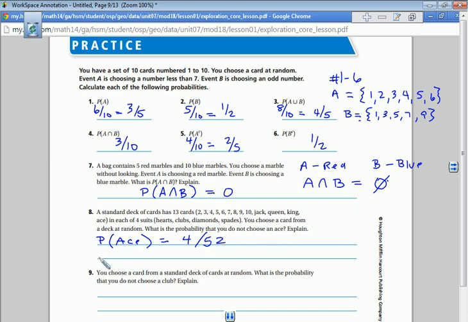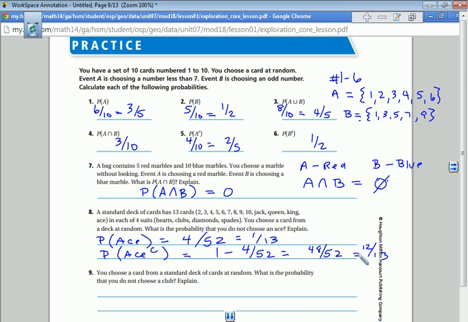So the probability that we do not choose an ace is just the complement of that, isn't it? Not an ace is 1 minus that. So it would be 48 over 52, which reduces to 12 13ths. This was 1 13th.